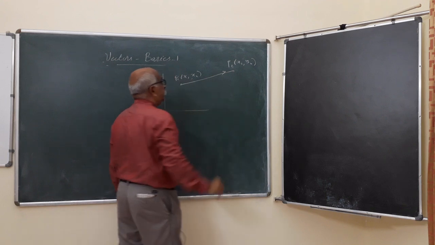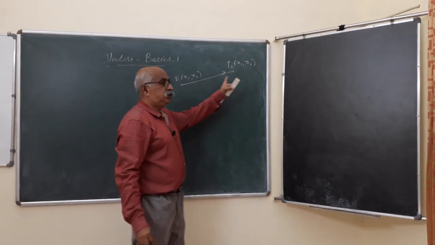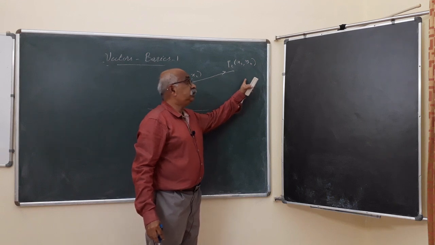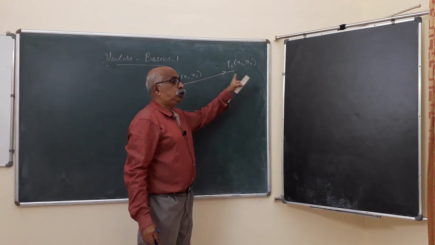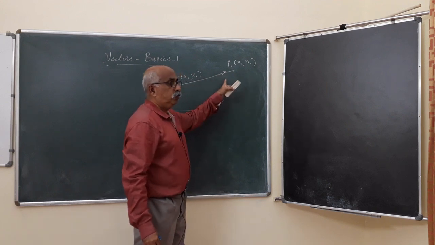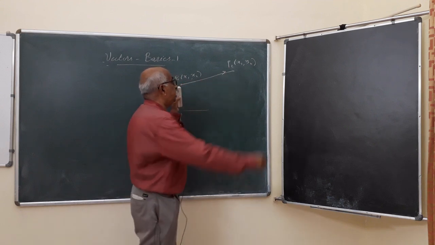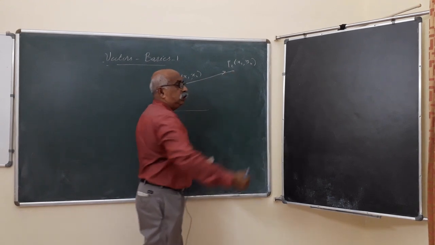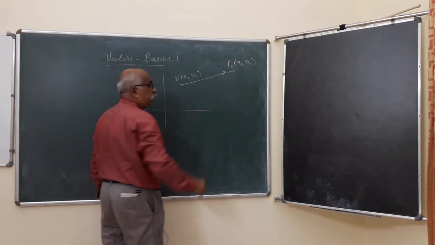This line joining P1 and P2 represents the vector displacement from P1 to P2. It represents the displacement of the object from P1 to P2. Its magnitude is given by the length of this line, and the arrow and its orientation in space shows its direction.